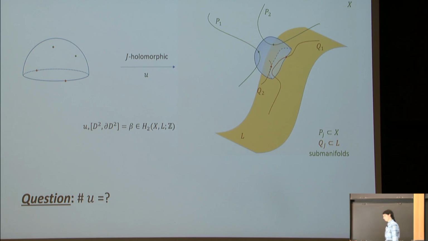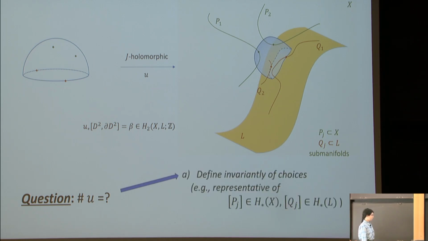Again, if we cook up the dimensions of the constraints properly, we should hope that we get a finite answer. And to answer the question of how many such maps there are, we need to define the count invariantly, and we need to be able to compute explicit values.